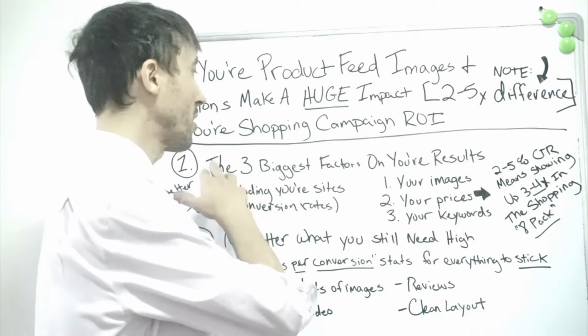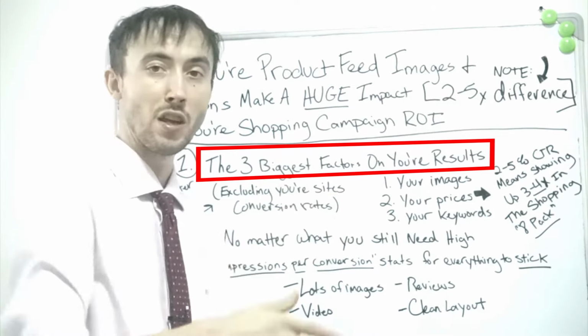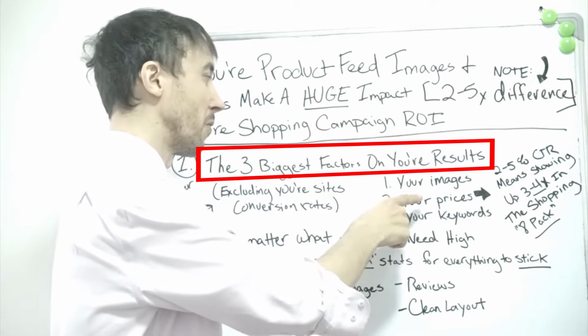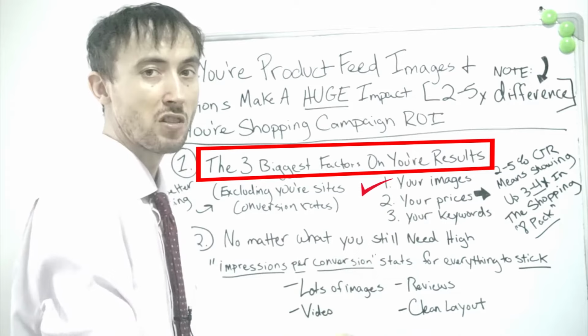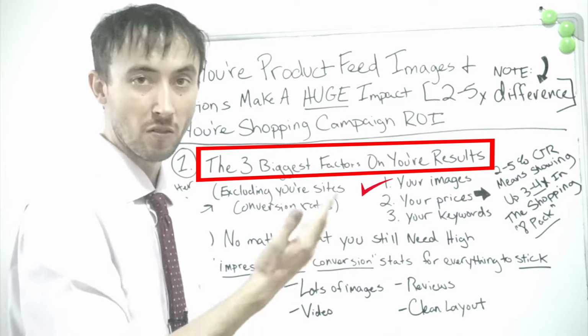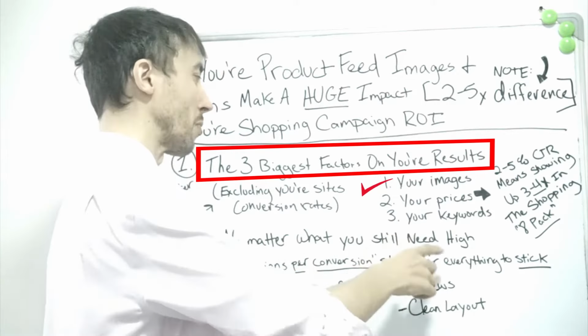So there's the three biggest factors that go into shopping campaign ROI. Number one on our list here is your images, your product images that you can actually upload in your feed, that ultimately determine the way that the product is shown on Google search in the shopping box that normally shows up there.